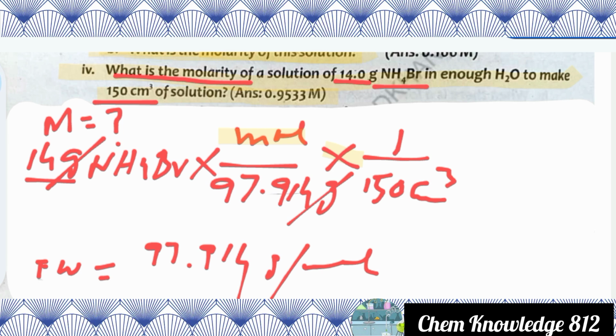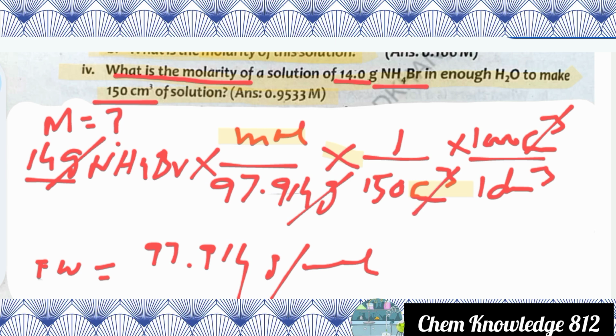So by converting the cubic centimeter into cubic decimeter, we know that 1000 cubic centimeter is equal to 1 cubic decimeter. So this will be cancelled, and we will get a unit of mole per cubic decimeter or mole per liter.